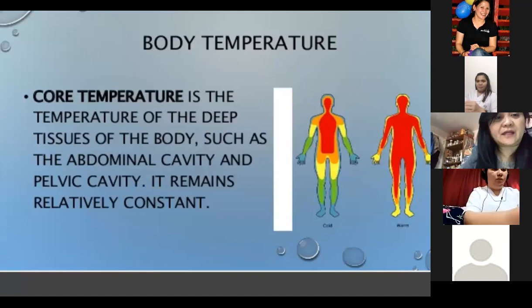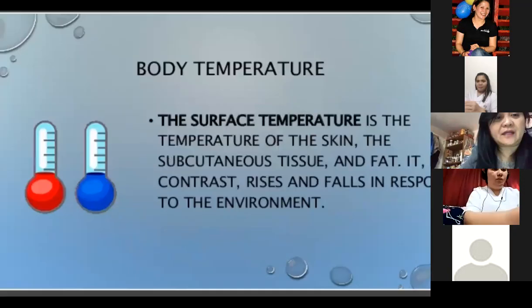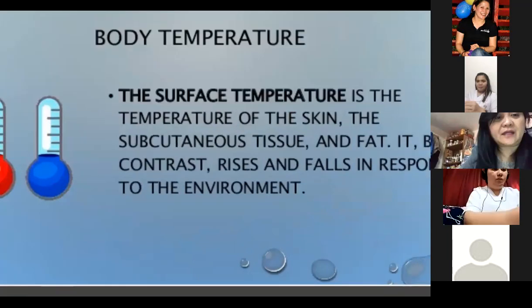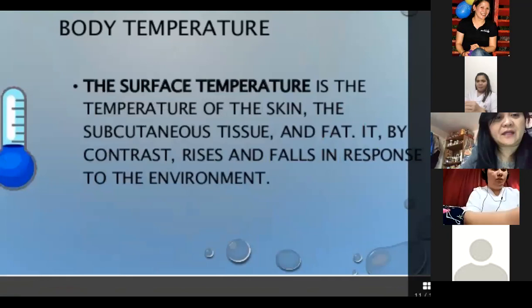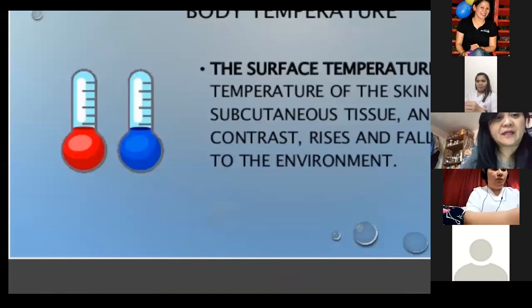This is the core temperature. The surface temperature, on the other hand, is that of our skin, the subcutaneous tissue, and the fat. By contrast, it rises and falls in response to the environment.